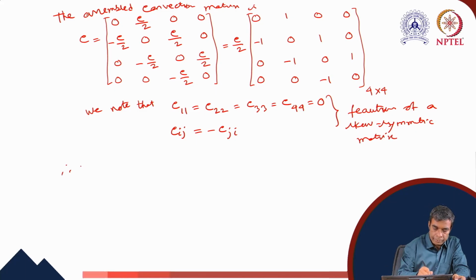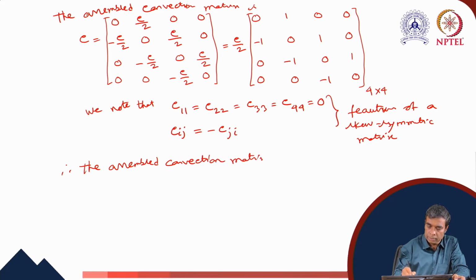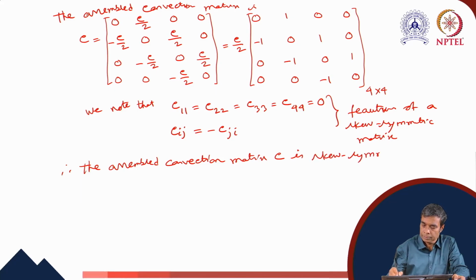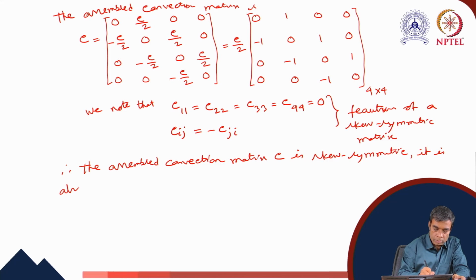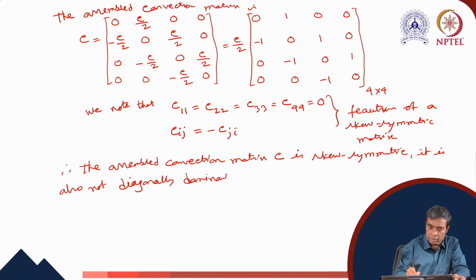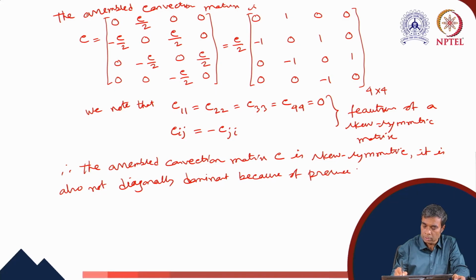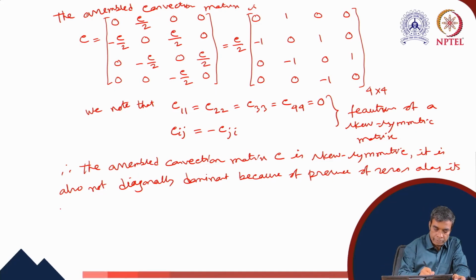So the assembled convection matrix C is skew-symmetric. It is also not diagonally dominant because of the presence of zeros along its main diagonal.